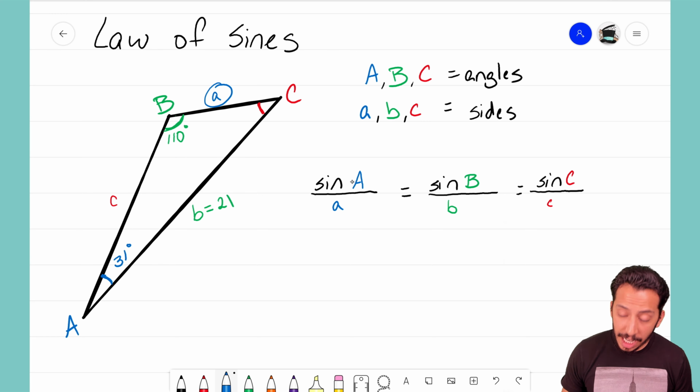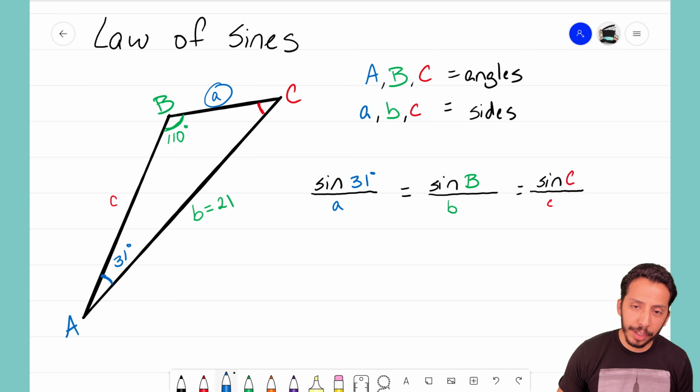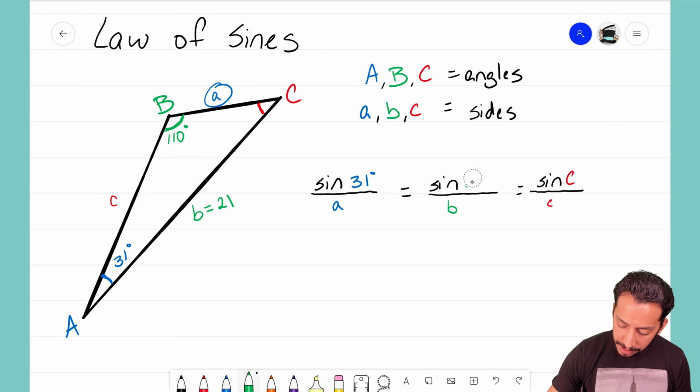I know that sine of A is going to be over the little side of A. Well, I now know that A here equals 31 degrees, so I'm going to erase that A there and instead write sine of 31 degrees over the side A, which is what I want to find, so I'll leave that as A, equal to sine of B.